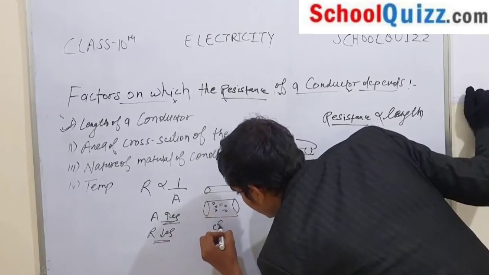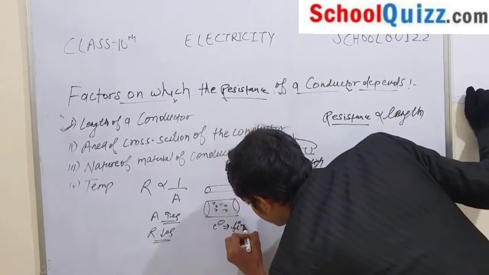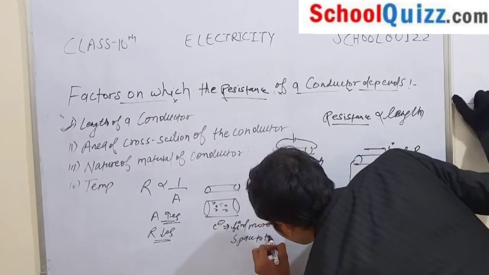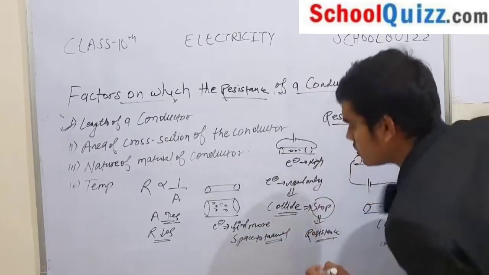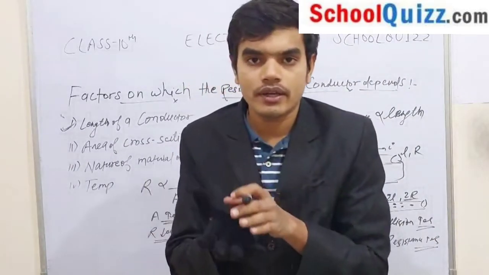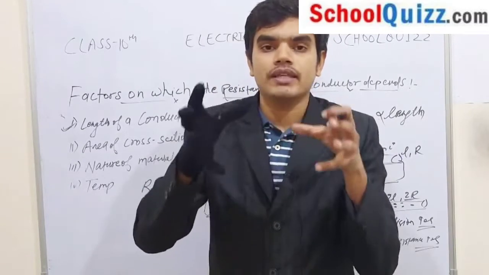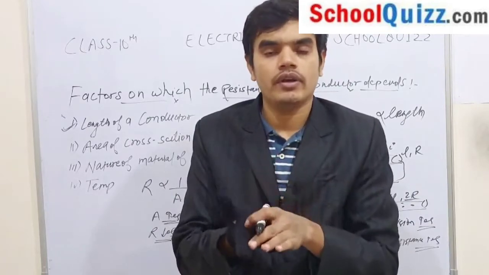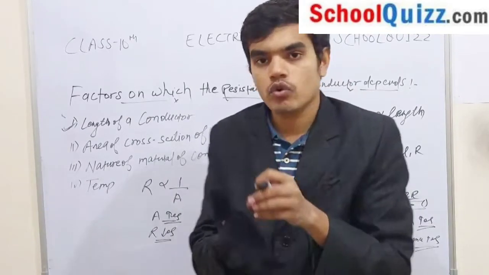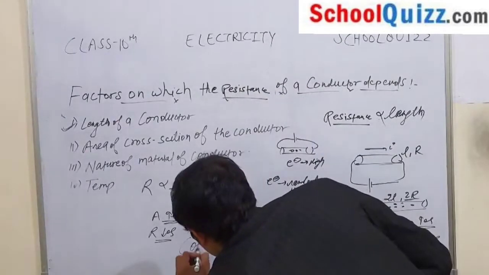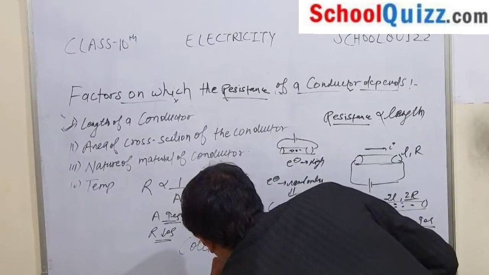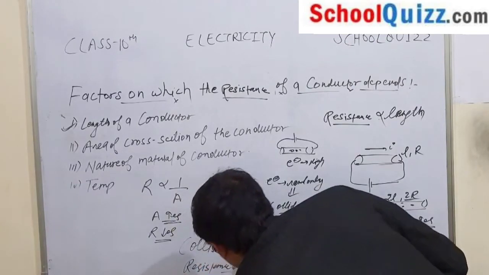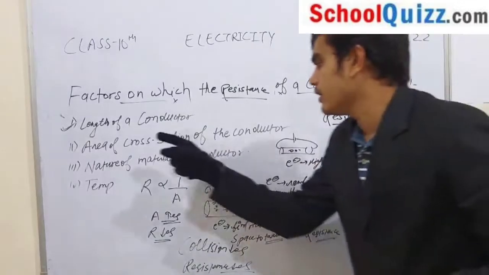But these electrons find more space to travel or move, so collision between electron to electron and electron to atom decreases, and as collision decreases, your resistance will also decrease. So this is the reason behind factor number 2.